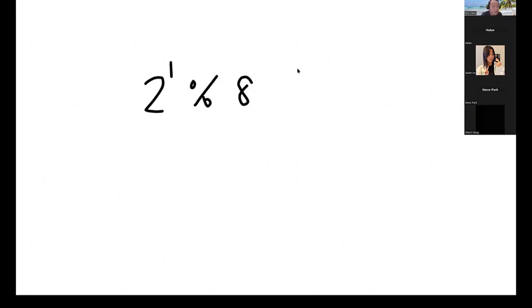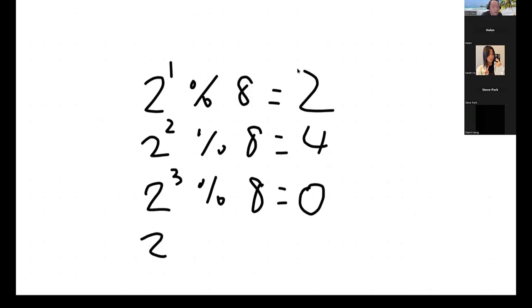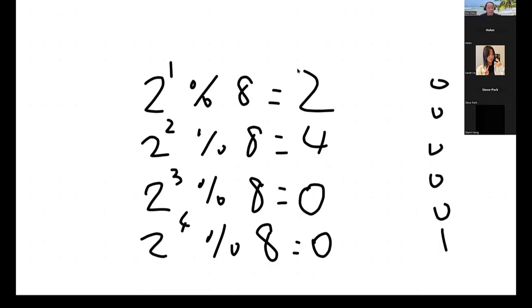You get 2. 2 to the power 2, mod 8, you get 4. 2 to the power 3, mod 8, you get 0. 2 to the power 4, mod 8, you get 0. 0, 0, 0, 0. You cannot use it, right? This one apparently you cannot use.